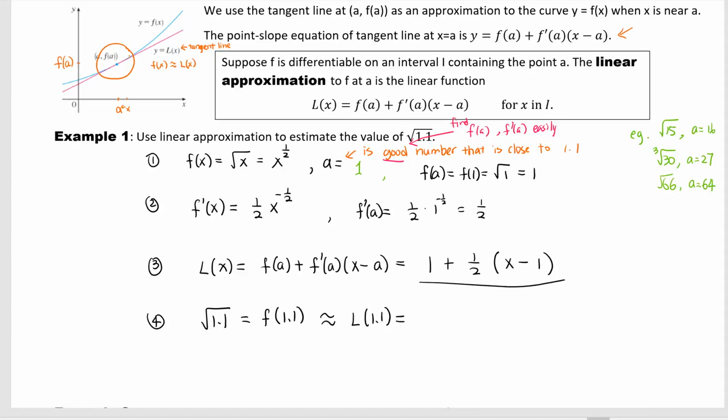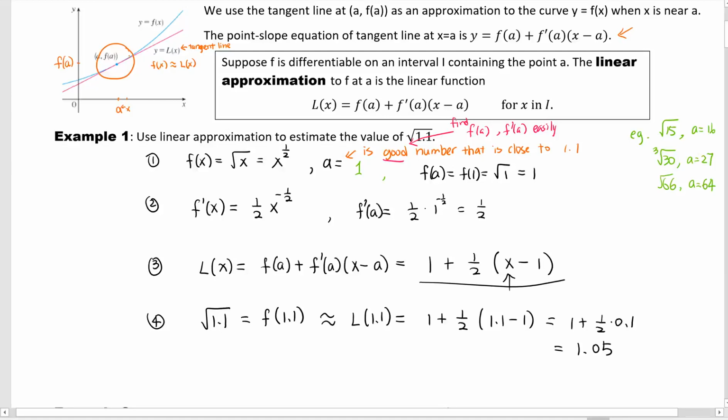Well, you plug in 1.1 into our tangent line equation. So 1 plus 1/2 times 1.1 minus 1. See? 1.1 minus 1 is 0.1. So 1/2 times 0.1 is 0.05. So the answer is 1.05.